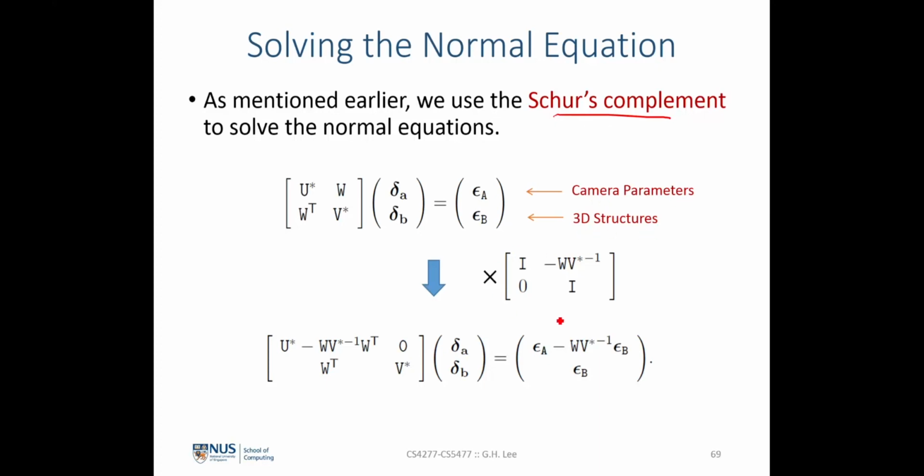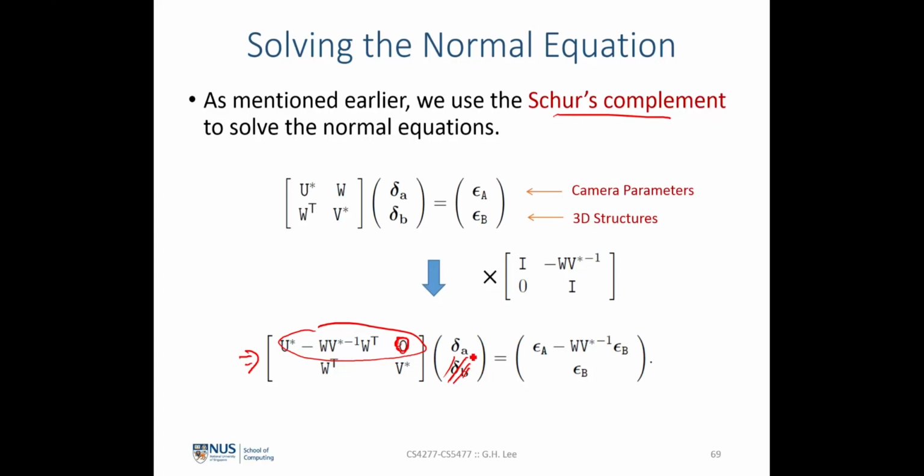So by multiplying this, we obtain the Schur complement equation of the first row, because there's a zero here. So it effectively decouples delta B from A. We will have an equation with only delta A remaining.